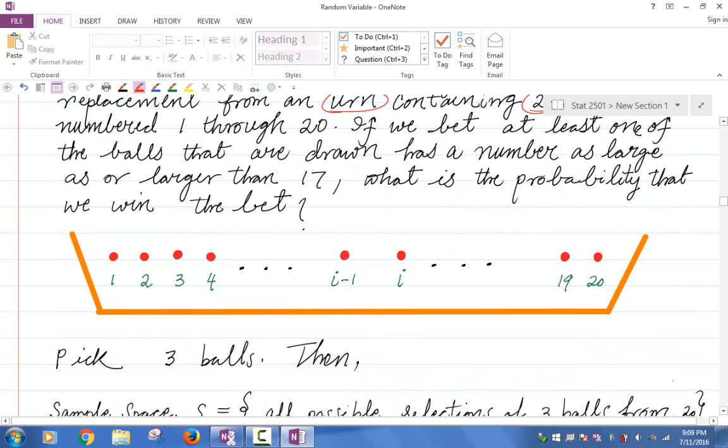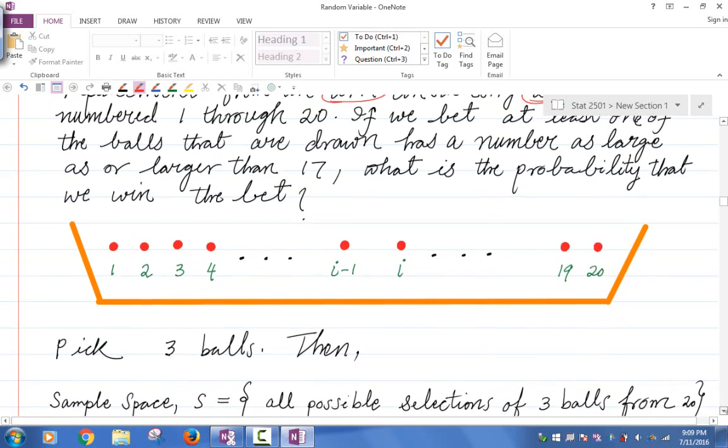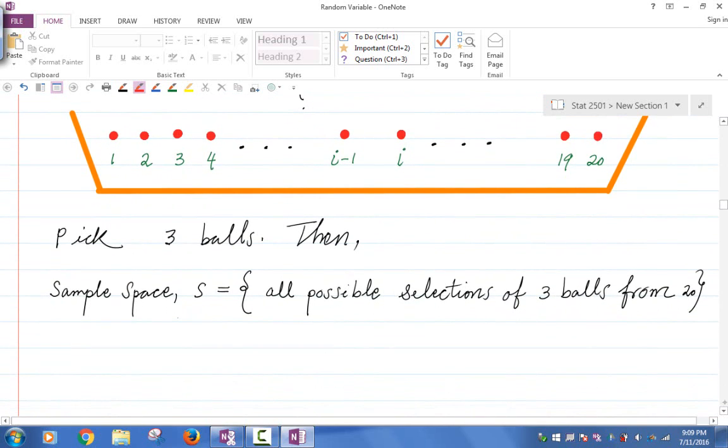If we are picking 3 balls from the urn, what's the sample space? Well, the sample space S is the set of all possible selections of 3 balls from the urn. That's the sample space. Now, what's the size of the sample space?